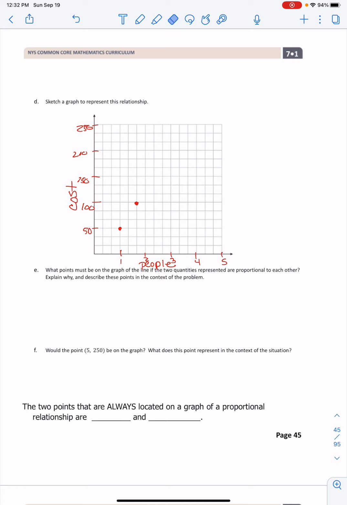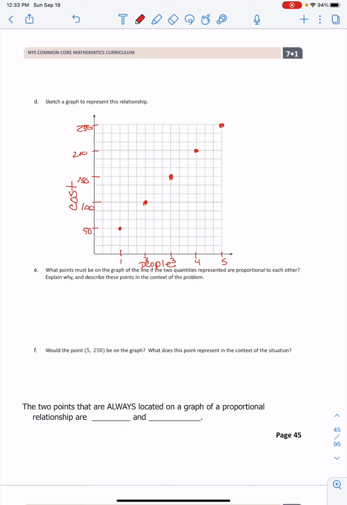Sorry about that, guys. 4 and 200, and 5 and 250. So what points must be on the graph of the line if the two quantities represented are proportional to each other?